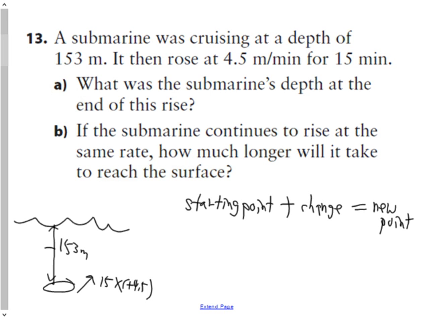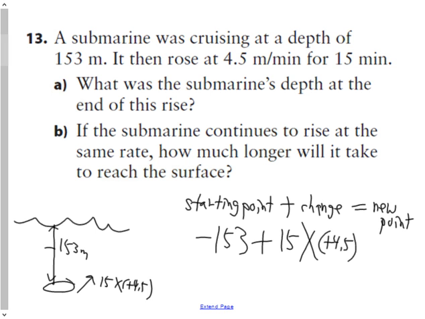So, if I translate that into numbers, the starting number is negative 153, my starting depth. And to that, I am going to add 15 groups or 15 minutes of rising 4.5 meters each. So 15 minutes of rising 4.5 meters per minute. Okay, so a positive 4.5.